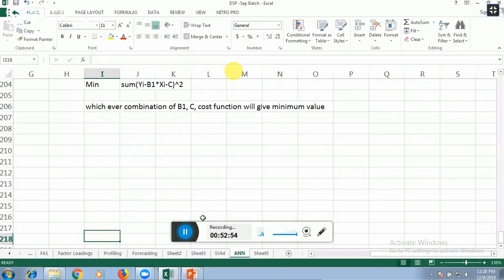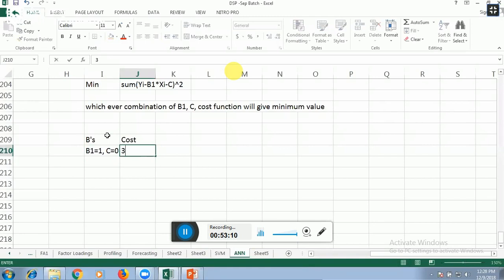So that means, can I say, suppose I take beta 1 equal to 1 and a constant equal to 0, I will get one cost value, for example 300. And beta 1 equal to 2 and constant equal to 2, say I have a value of 150, and something like this. For every combination I can get these values, and whichever combination gives me the minimum value, can I say that is my best value? That is the interpretation perspective we are taking.